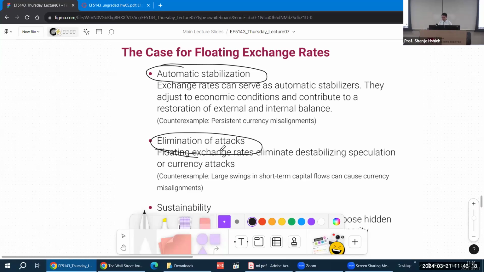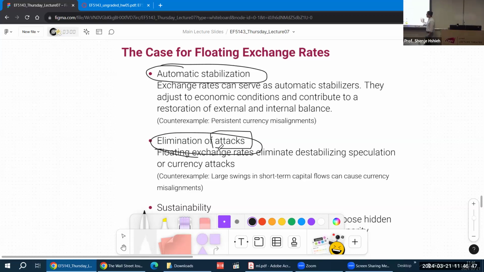Elimination of attacks. So this is the specific downside of a pegged exchange rate. As I said, some people worried that Hong Kong might encounter a currency attack because if the country that Hong Kong pegs to decides to strengthen their currency really quickly, Hong Kong, in order to maintain the peg, needs to sell US reserves as well.